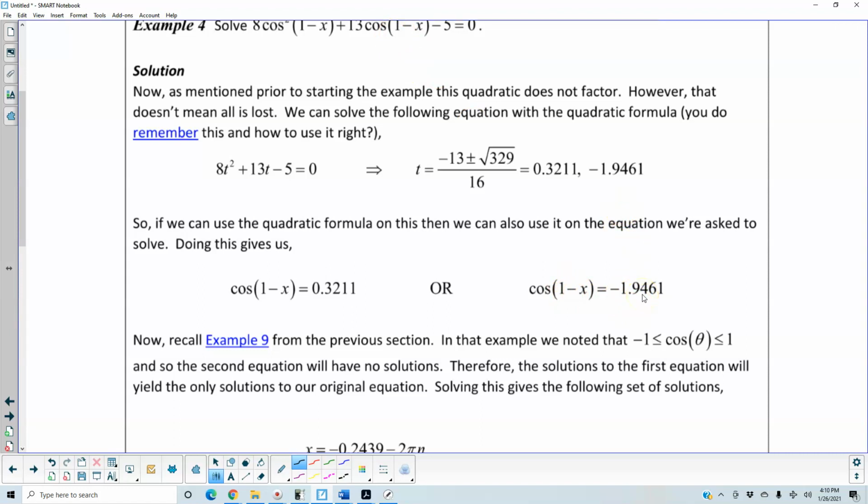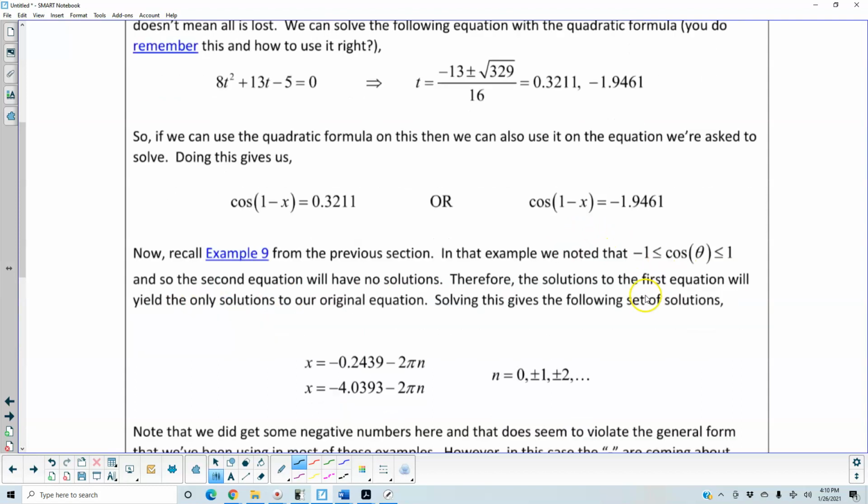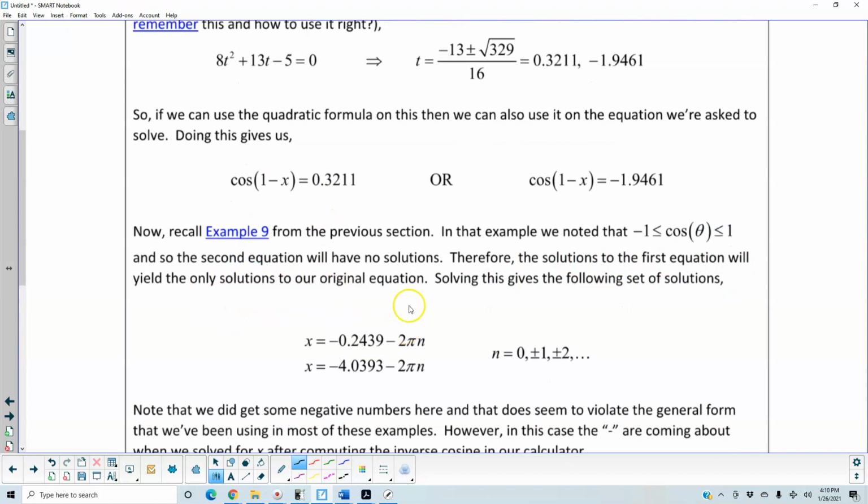Now recall that from example 9 from the previous section, we noted that cosine theta has to be in between -1 and 1. And so the second equation will have no solutions because this is beyond the -1. Therefore, the solutions to the first equation will yield only the solutions to our original equation.